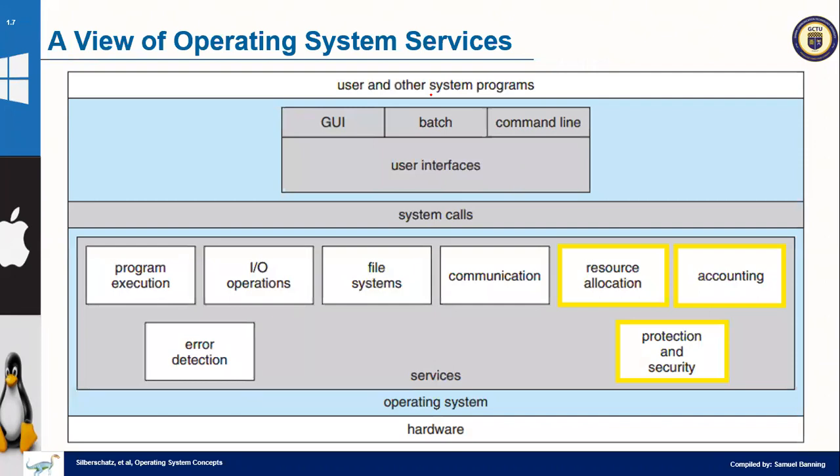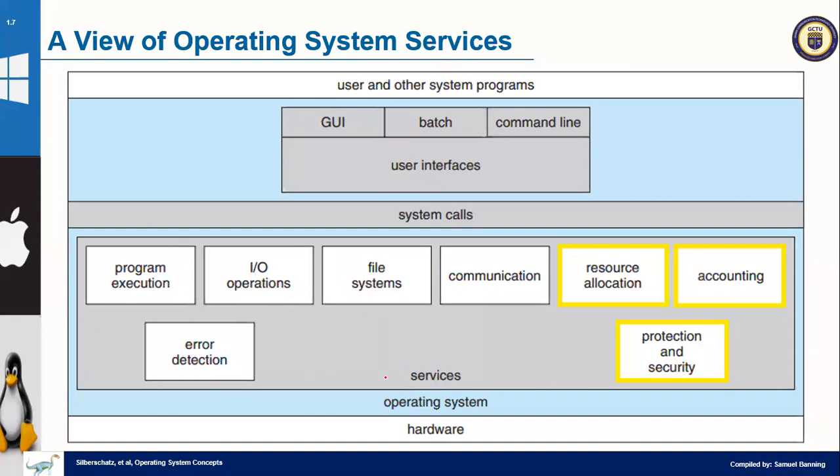If you recall the functions that we've talked about, these are the functions that are put together in the form of services that are provided by the operating system. So remember the program execution, the I/O operations, the file system manipulation, the communication, and the error detection.